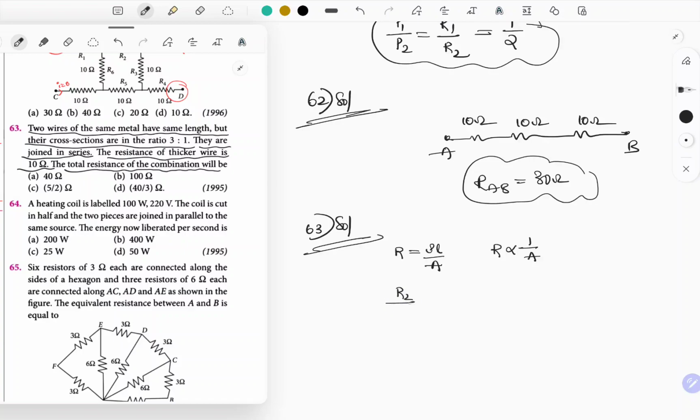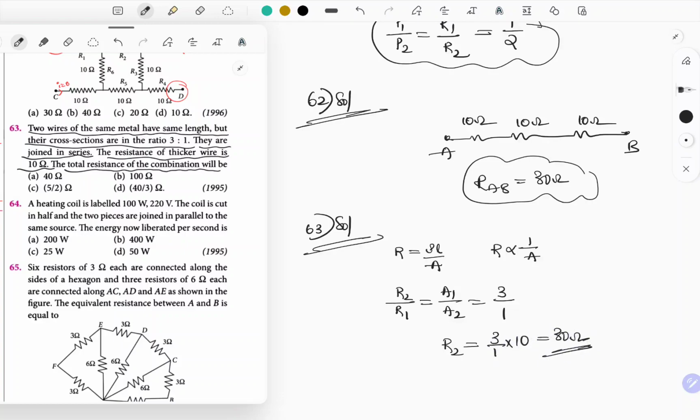Then R is directly proportional to 1 by A. So R2 by R1 is equal to area of cross section A1 divided by A2. A1 by A2 ratio is 3 by 1. I need resistance R2. So the thicker wire, that is first wire R1, is going to be 10 ohms. That is 3 by 1 into 10 ohm, which is equal to 30 ohm.